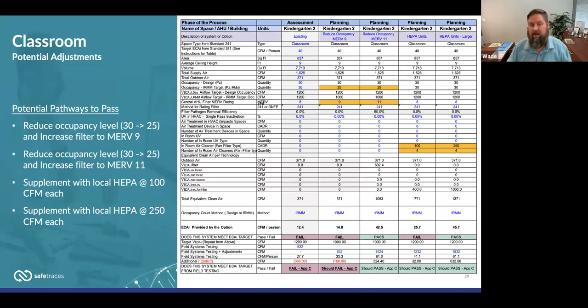The next scenario is going to MERV 11 filters, right? Keeping the occupancy at 25, but going to MERV 11 filters, and that passes in the calculator. Phil, do you want to touch a little bit more on the testing and looking at that one? Sure.